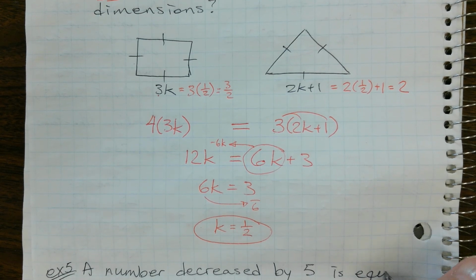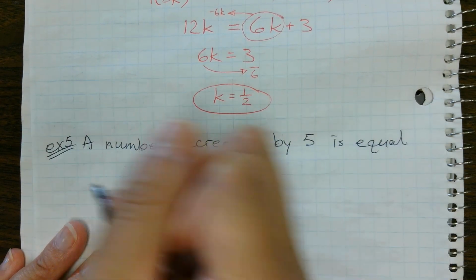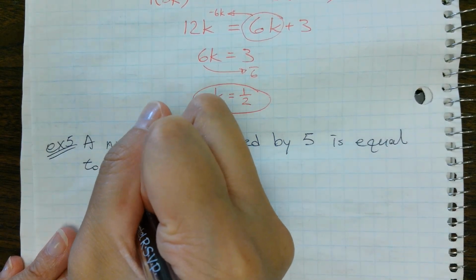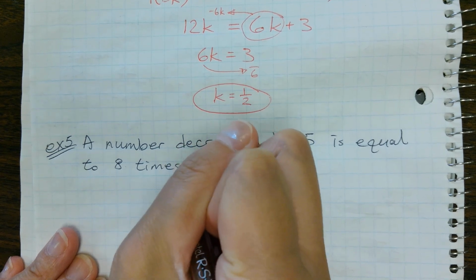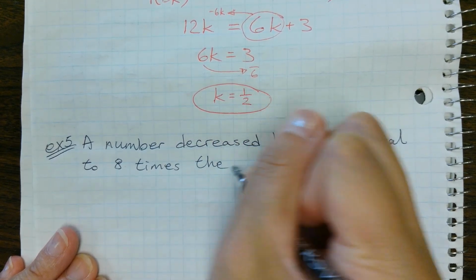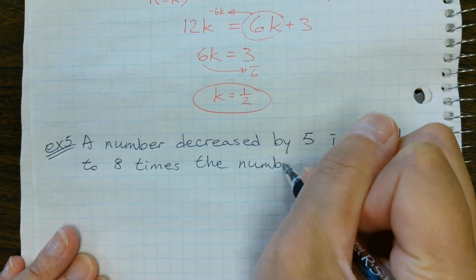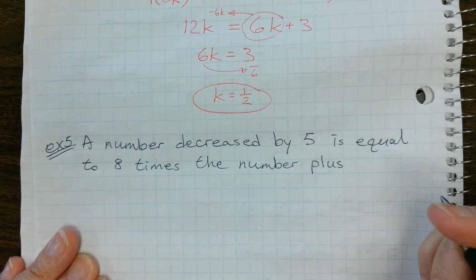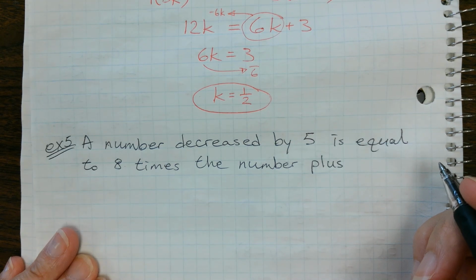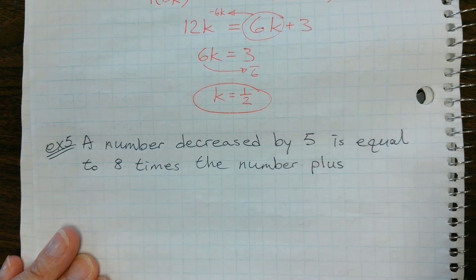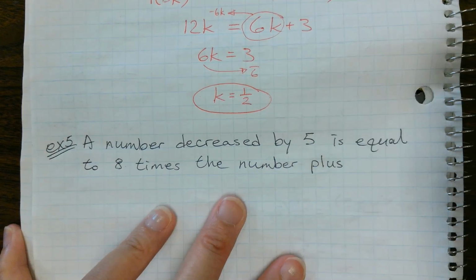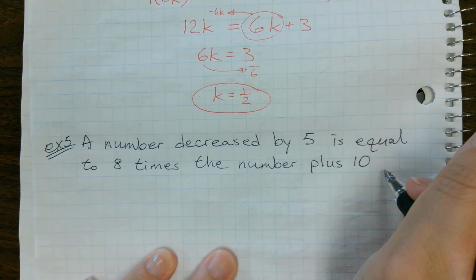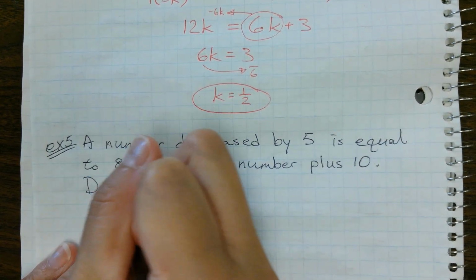Is equal to, give me another number. 8 times the number plus another number. Actually, 10. Actually, I want minus. Actually, no, it's okay. Okay, plus is fine. 10. Okay. Determine the number.